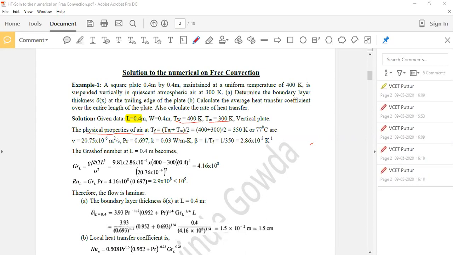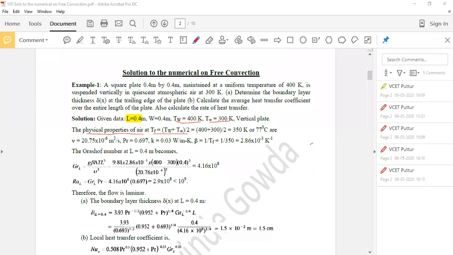Say for example, at 70 degree centigrade, the properties from the table are read to be these values. So for natural convection, actually 77 degree centigrade is coming, of course, between 70 and 80. You have to use the interpolation to find out the values at 77 degree centigrade.